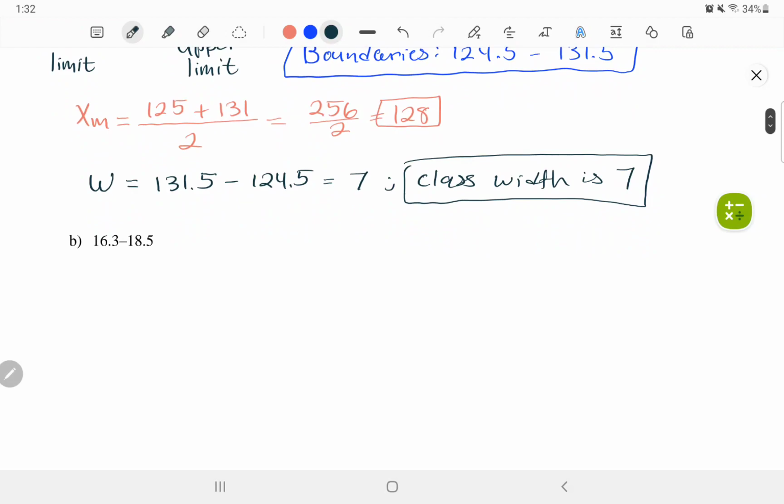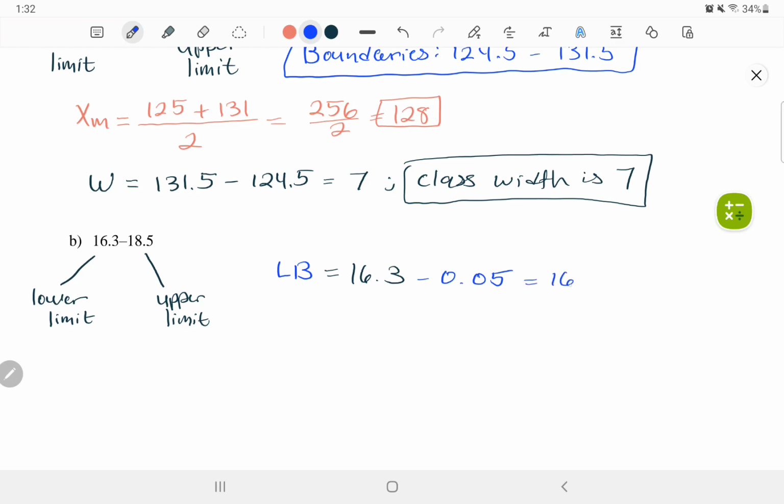For the next one, we're going from 16.3 to 18.5. The 16.3 is the lower limit and the 18.5 is the upper limit. To find the boundaries, we follow the formulas as such. This is one number after the decimal. So the lower boundary equals the lower limit, 16.3, minus 0.05, and that is equal to 16.25.